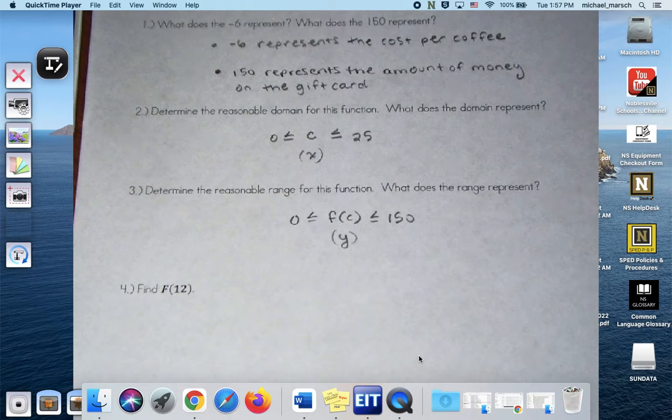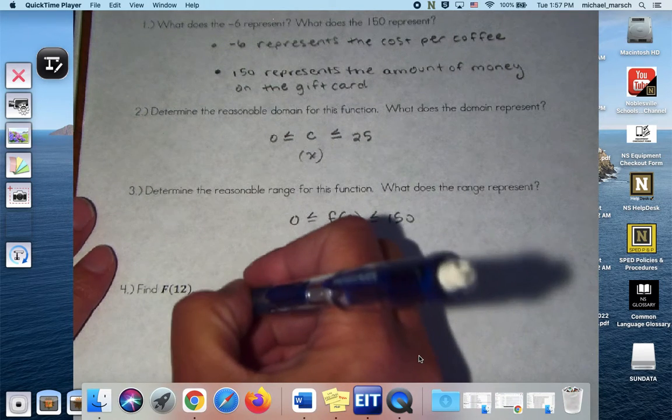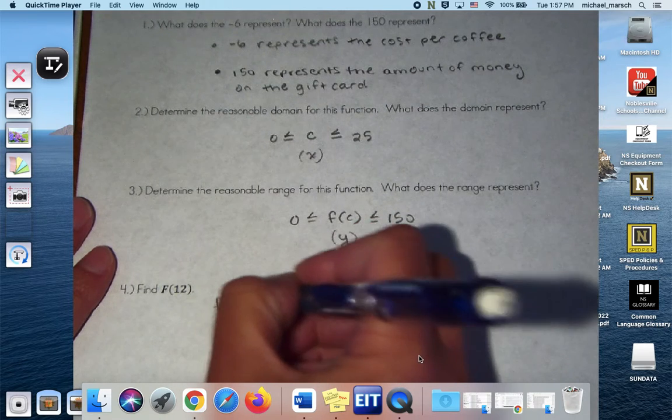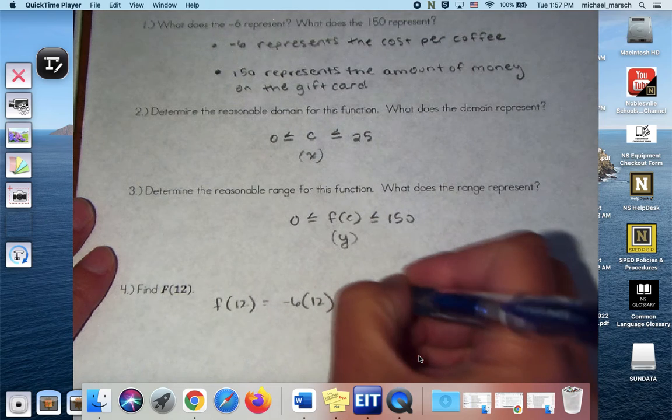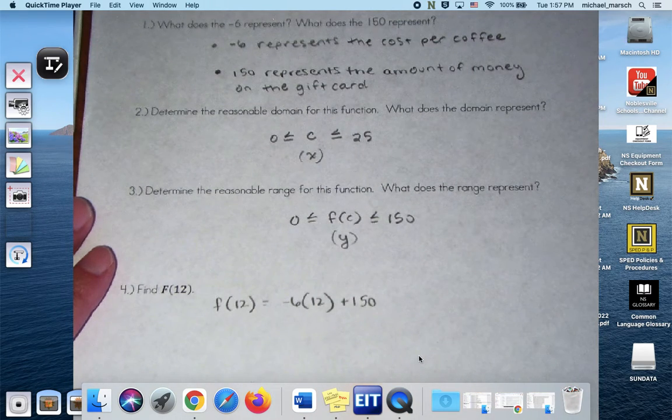Okay, what's the function of 12? You drink 12 coffees. So I'm going to say the function of 12 equals -6 times the 12 coffees I drink plus 150, because I start out with $150.